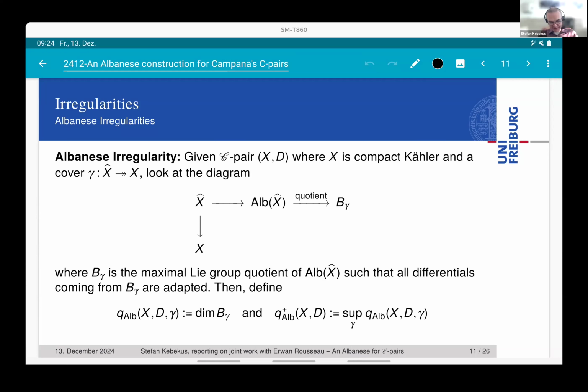Maybe I ignore for a second that the cover could be very singular. Let's look at the simplest case first. The Albanese of the cover is the universal space where all the one-forms come from. And some of these one-forms will be adapted and others maybe not.